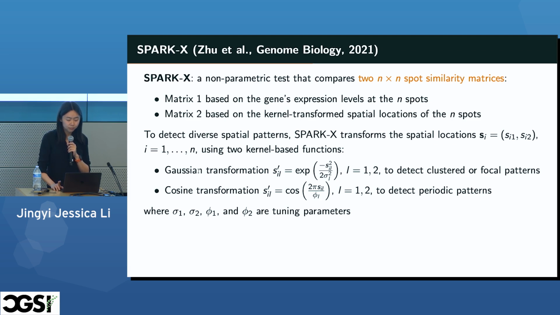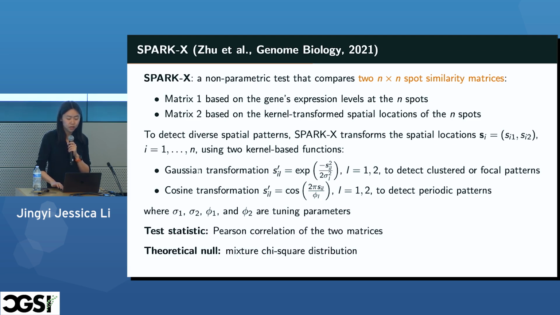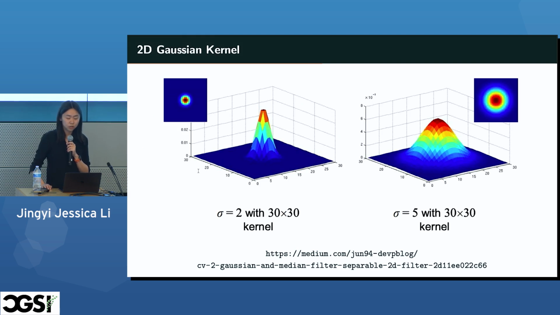So now let me jump my slides to show you the example. This is a Gaussian kernel. This is a 2-dimensional Gaussian kernel. This is the 3D visualization. This is the 2D visualization. So you can see in the Gaussian kernel, basically the pattern you are interested in is something like, they call it a hotspot.